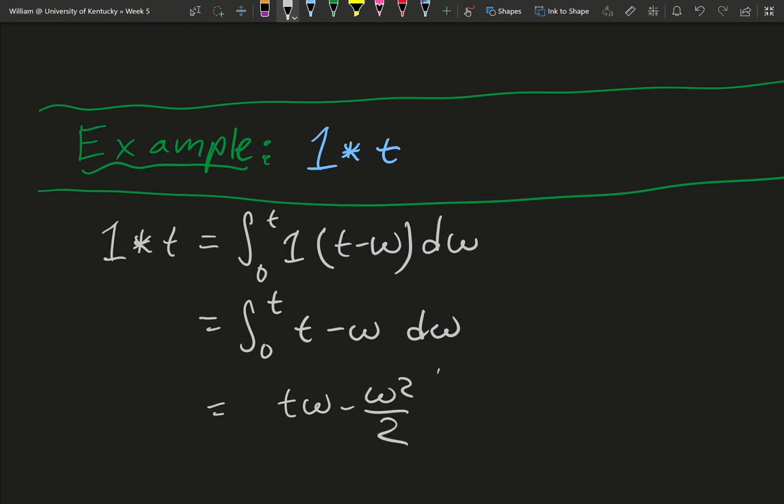So we integrate that, and now remember, you're going to have multiple variables floating around. It's important that when we plug in our bounds, we plug them in for w.